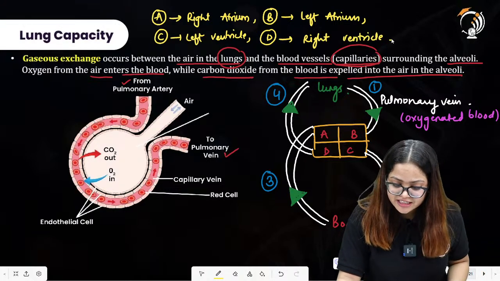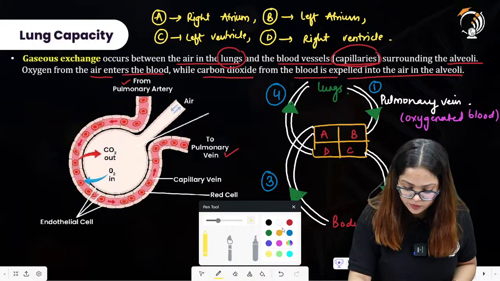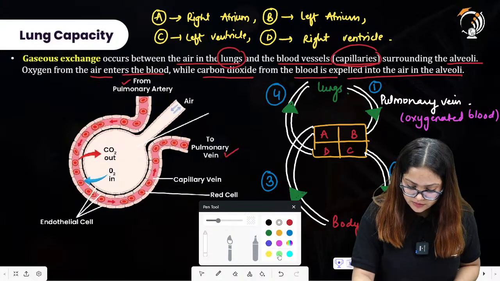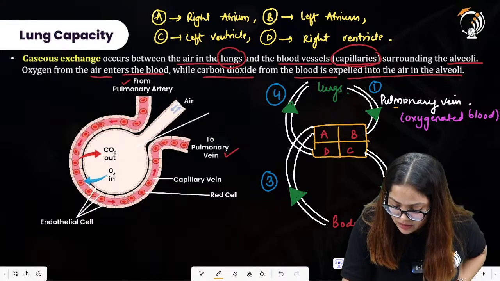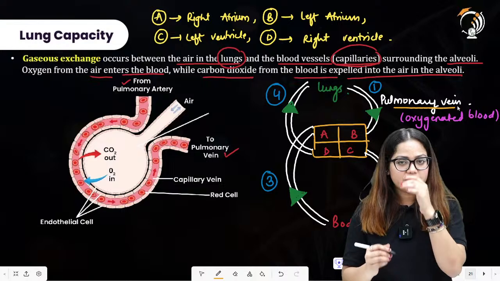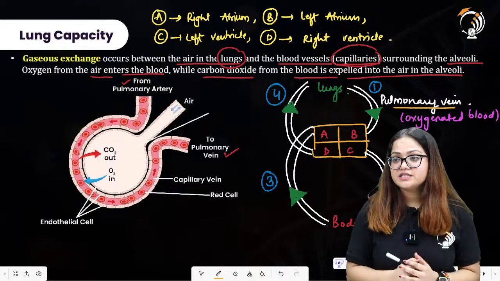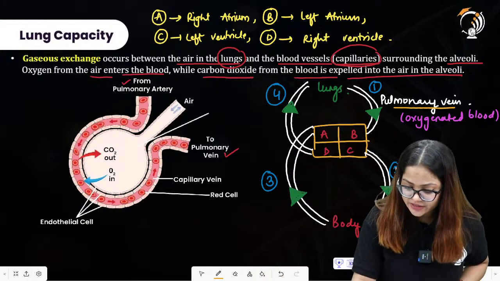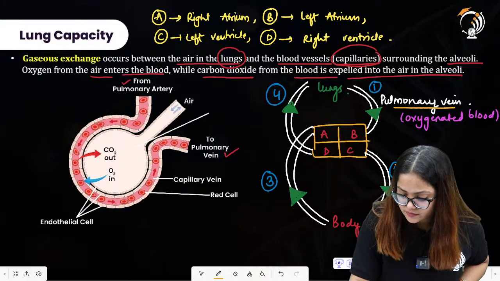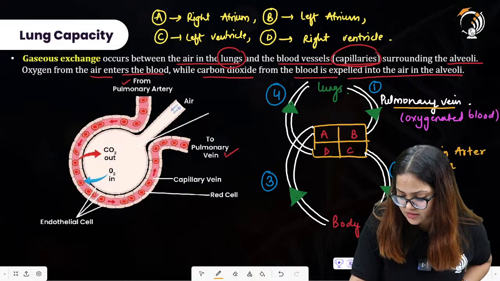Are you all done with the naming of the blood vessels here, marked by numbers 1, 2, 3, 4? So 1 here is the pulmonary vein, which is bringing the oxygenated blood from the lungs toward the heart. Number 2 represents the aorta, that is the main artery.